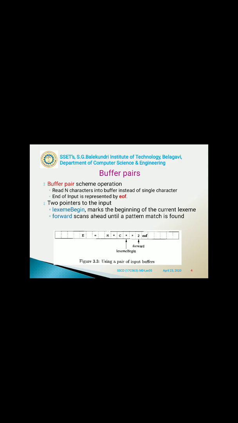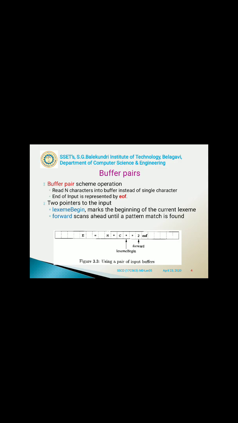It marks the beginning of the current lexeme. Please understand it is not yet known that it is a particular token, but it has started processing. The other pointer, forward, scans ahead until a particular pattern is matched.